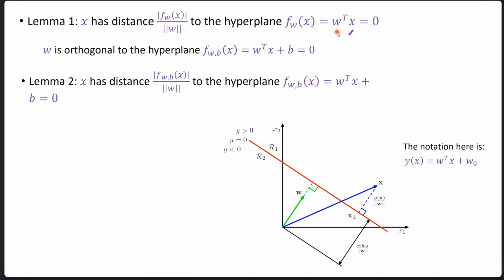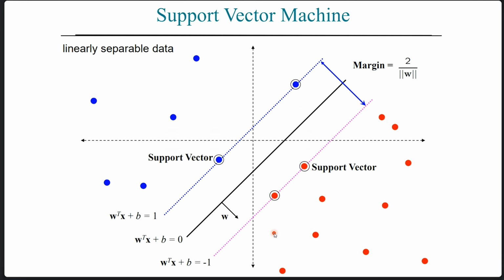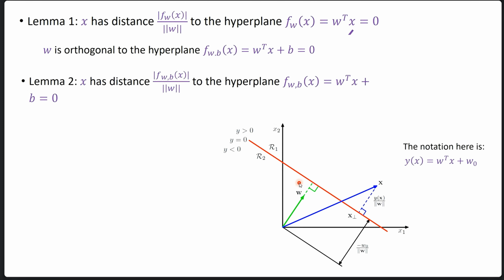Now, given the hyperplane equation as w transpose x plus b is equal to 0. Here we didn't include b, but it can also be there. And w, as in the equation, is a vector perpendicular to the line's direction. Right? So that is this.